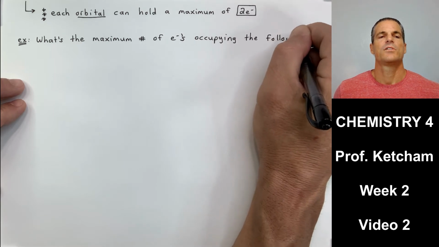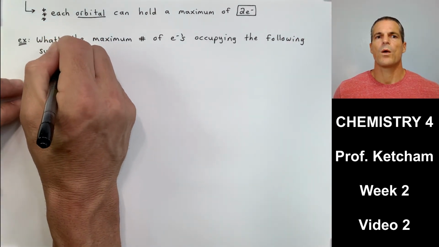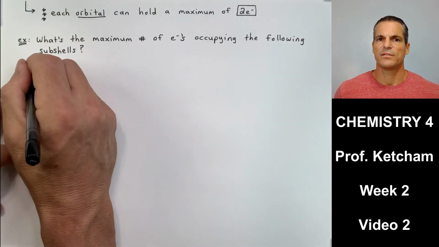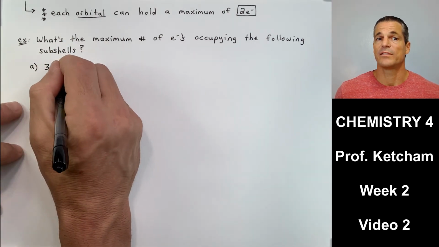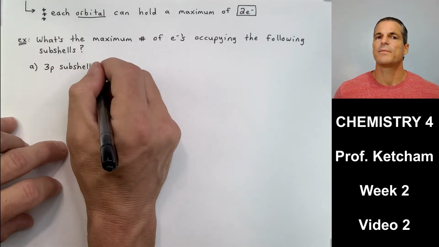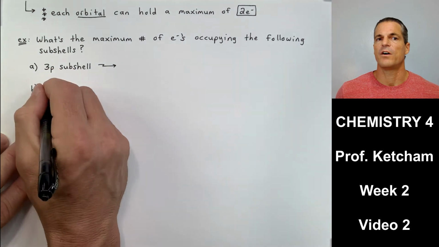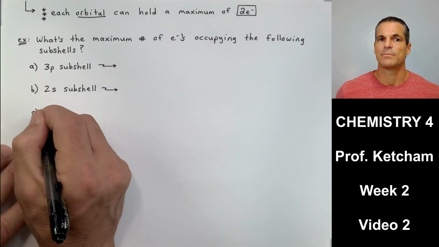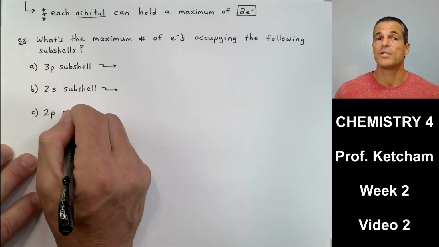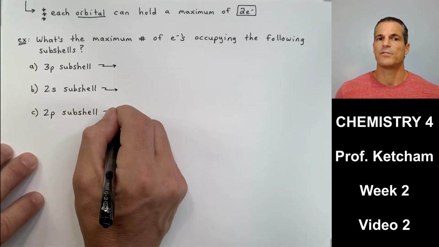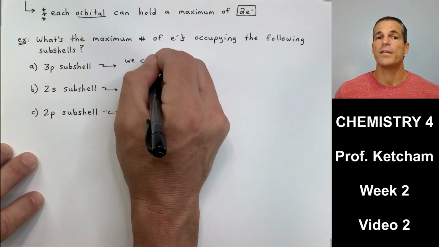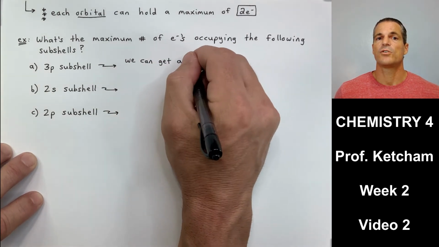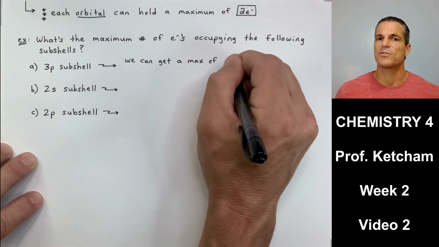So, example. What's the maximum number of electrons occupying the following subshells? In other words, the following orbitals? Subshells and orbitals are kind of like synonyms. The 3p subshell, the 2s, and the 2p. Well, for the 3p subshell, you can get a maximum of 6 electrons.